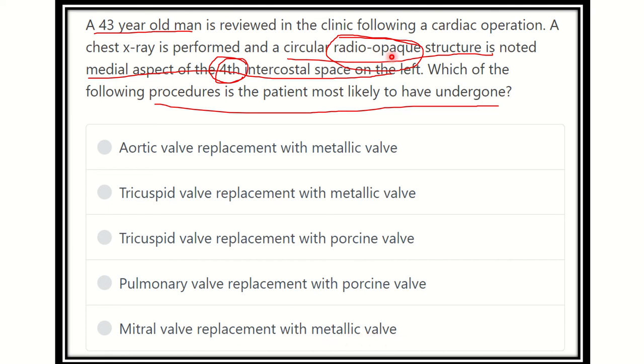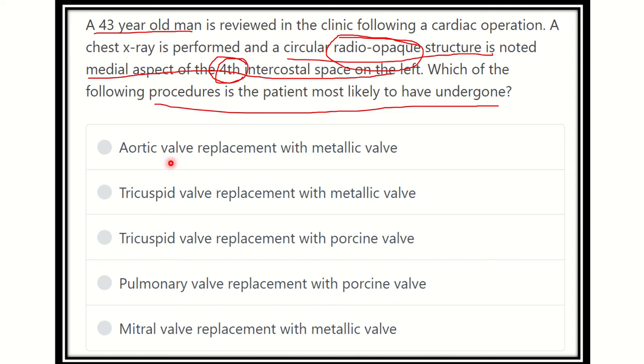So it is a radio-opaque structure. The porcine valve will not be the answer because it will not give any radio-opaque shadow.